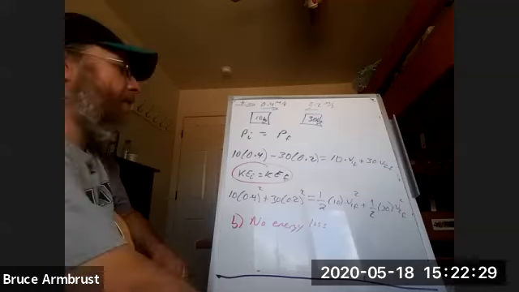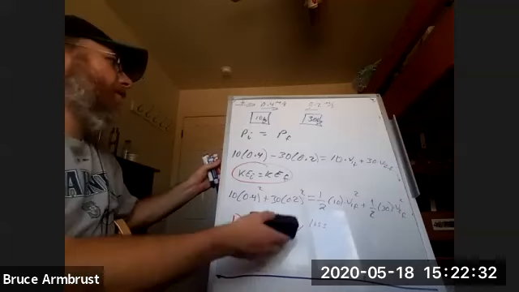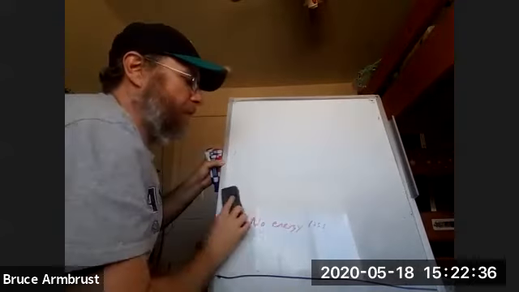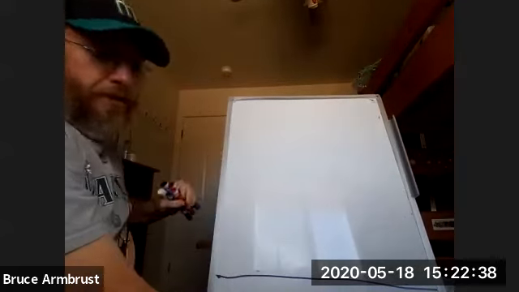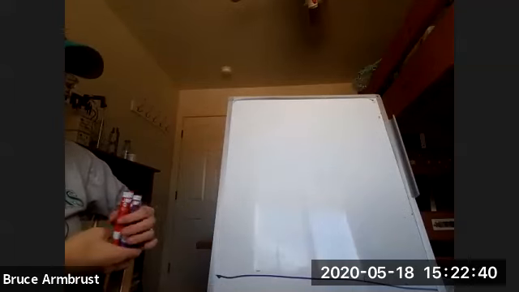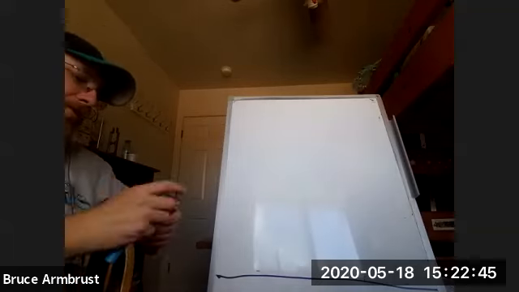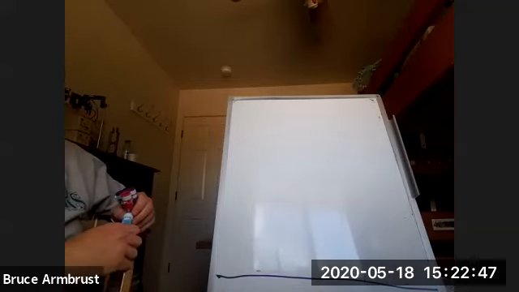Anyway, and then there was number 10. You guys really didn't like number 10, and in fact, very few of you even saw where to go with this. But this is conservation of angular momentum. This is the exact same thing as the skater who pulls her arms in to go faster, right?